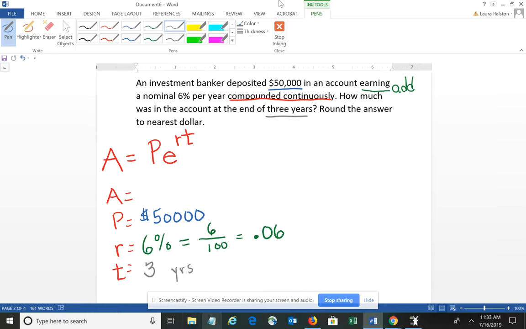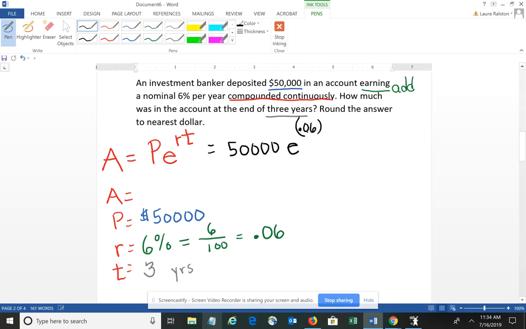So then, at that point, it becomes a substitution problem. So I would have A equals 50,000 times e raised to the 0.06 times 3 years.